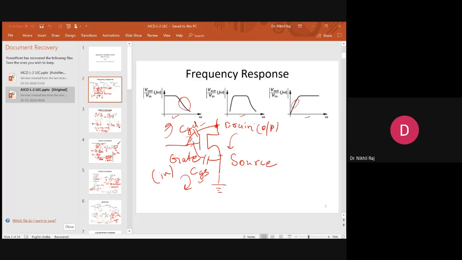Now when we see the effect of CGD and when we write the loop equations at the input or output side, if I write the input side loop equation, it will result in an equation which will also have V out, or the drain voltage, because through CGD the signal can flow. Similarly, if we write the equation at the output section, the drain section, then also we will see the same effect.